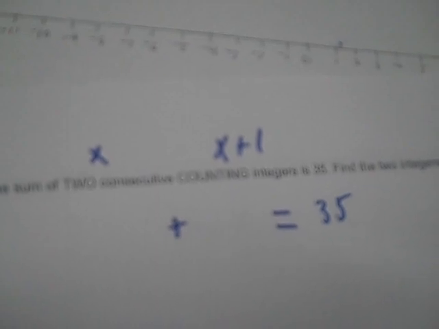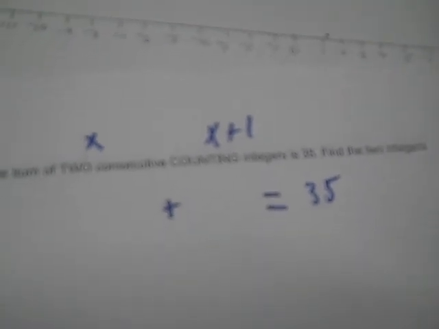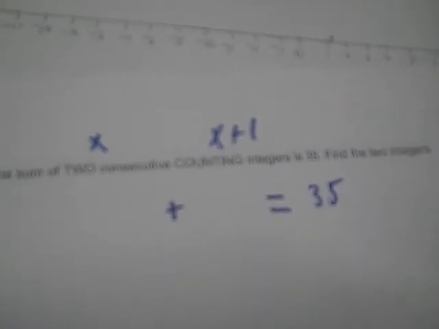So I'm just moving one space to get a counting number. So my second one I'm going to write as x plus 1, because I don't know what x actually is, okay? But whatever x is, it just goes one space because that's the next consecutive counting number. So x and x plus 1.